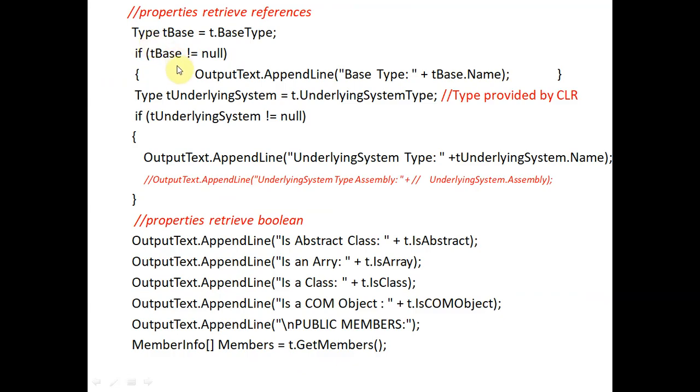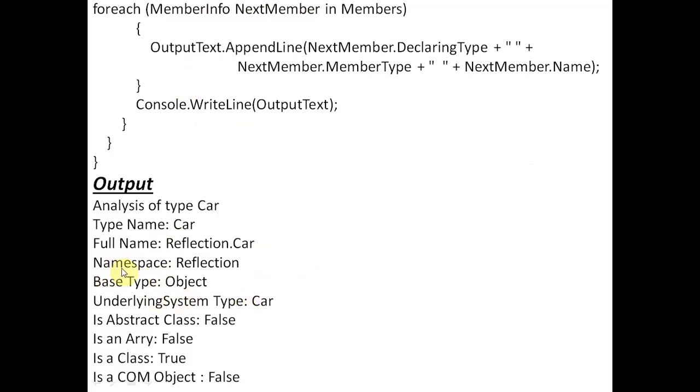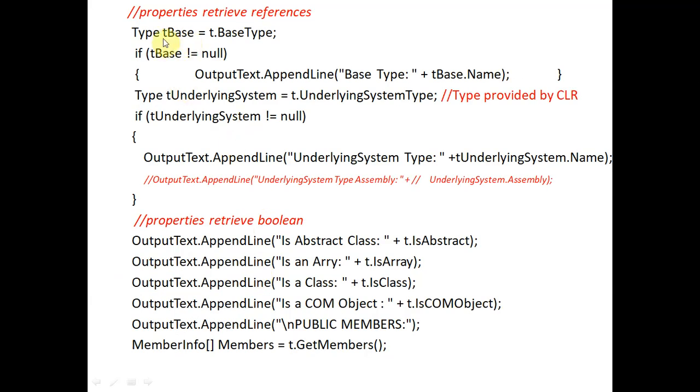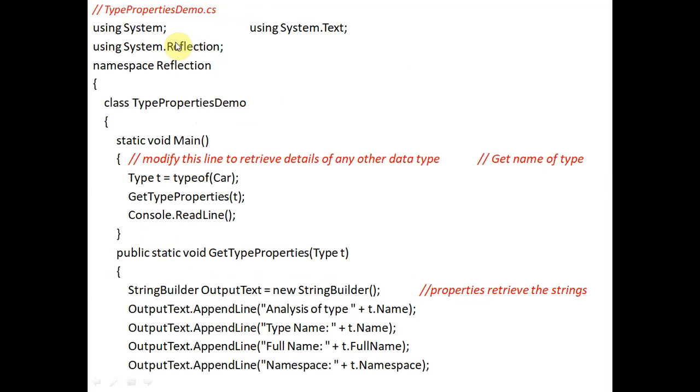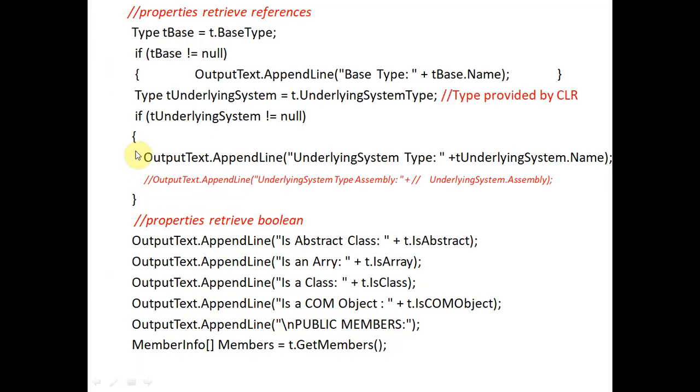Up to the namespace we have given the output this way. Now see this line: Type equals, again we are writing the object the same way as we have written here. t is the object of Type, the same way we are defining the object of the Type class.